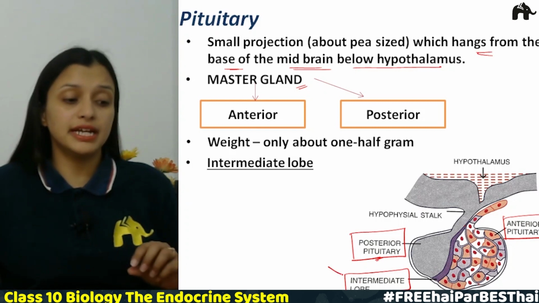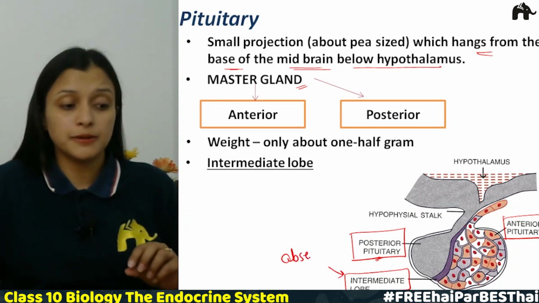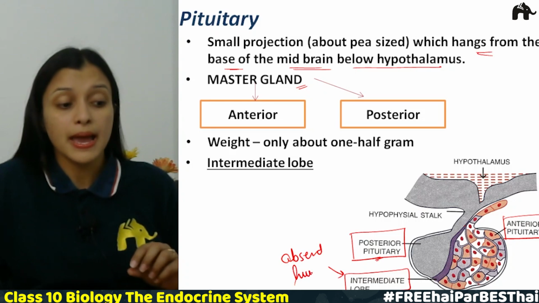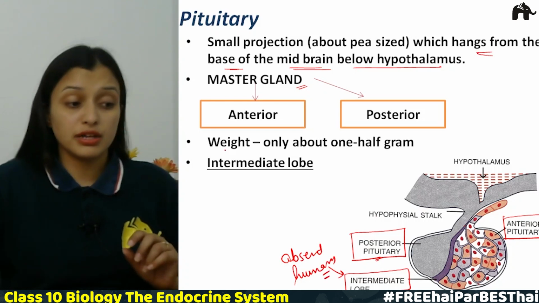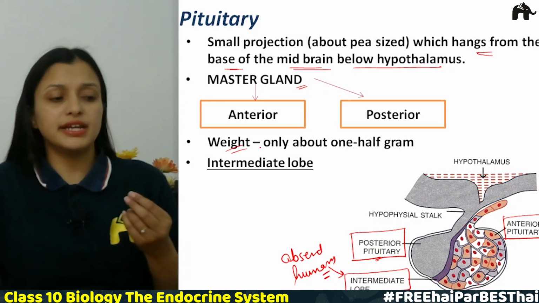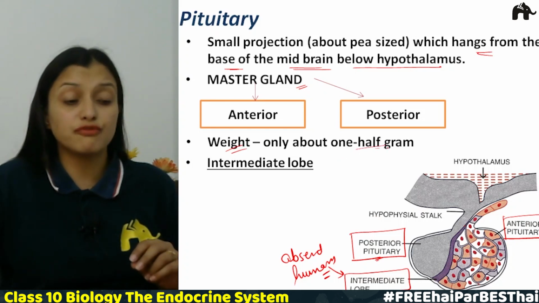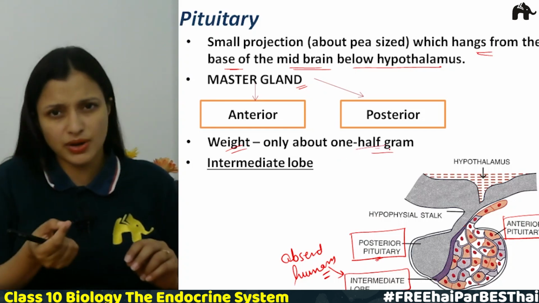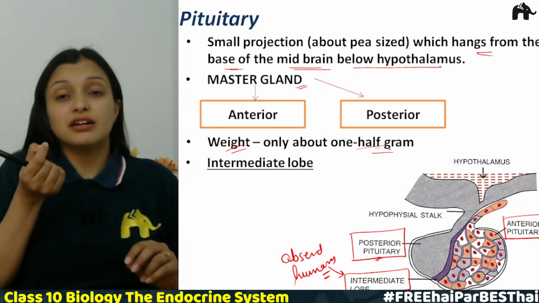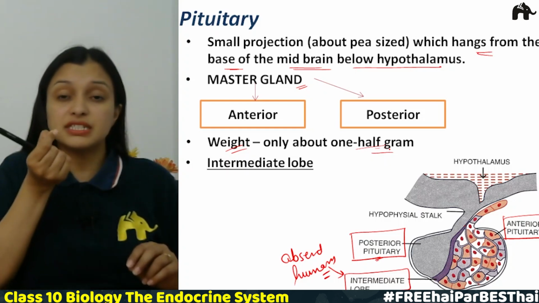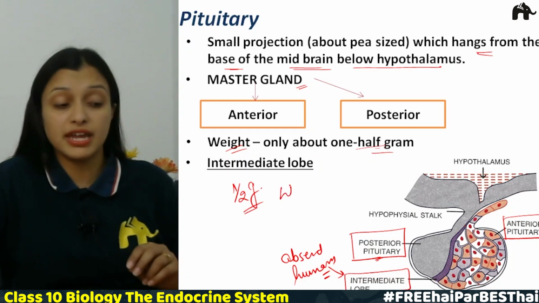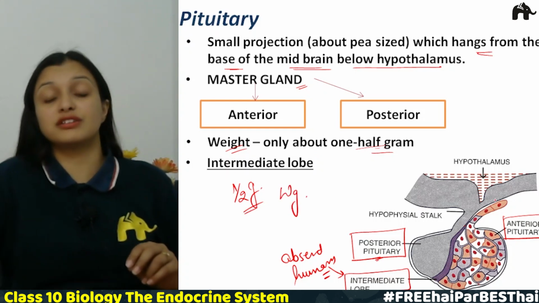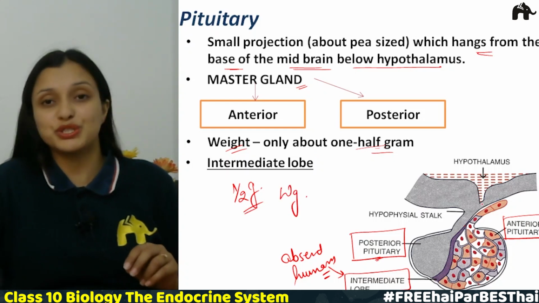This intermediate lobe is absent in humans but it is present in many lower animals. If we talk about the weight, its weight is only about half a gram. See how little it is: even less than 1 gram, just half a gram. This is the weight of this endocrine gland called the pituitary gland.